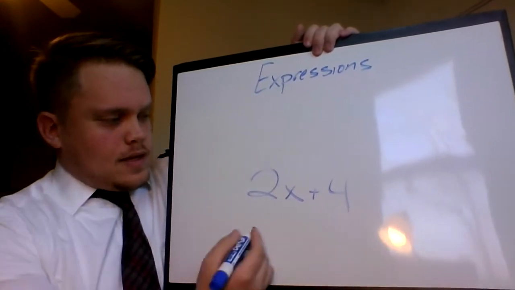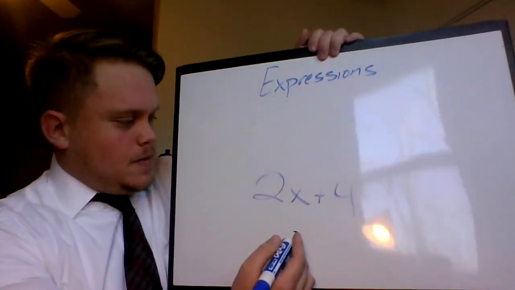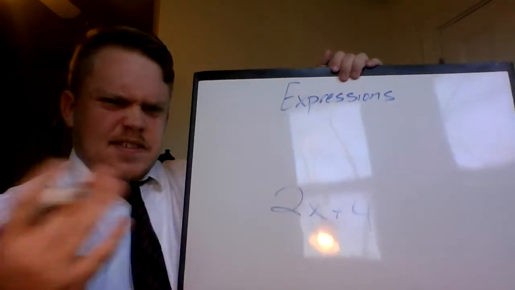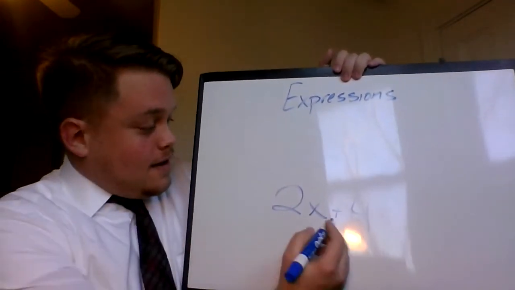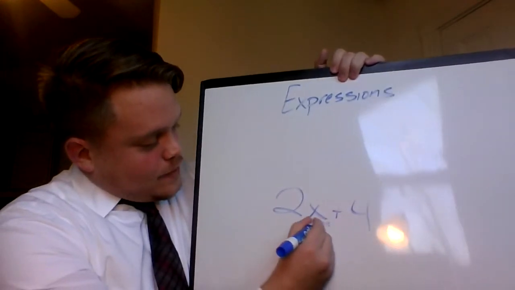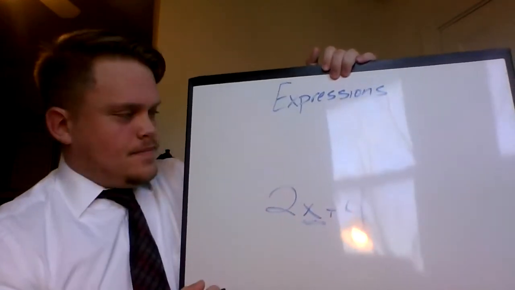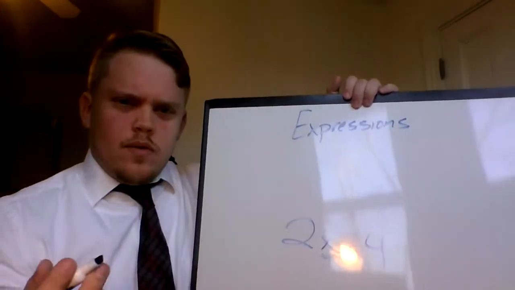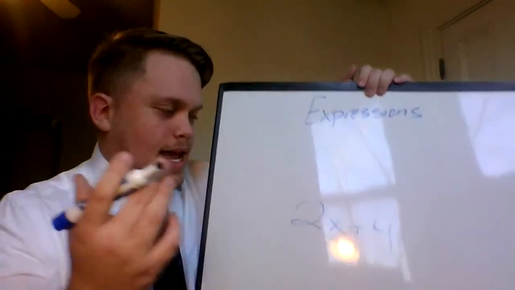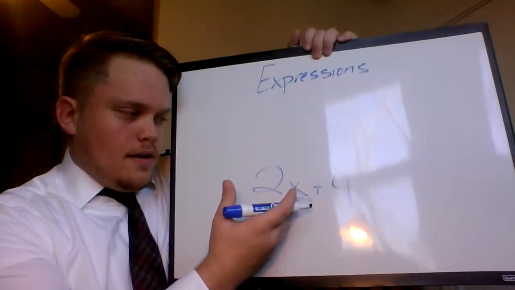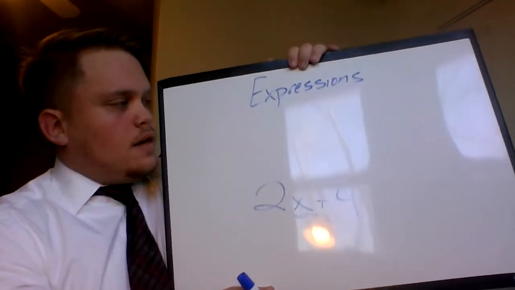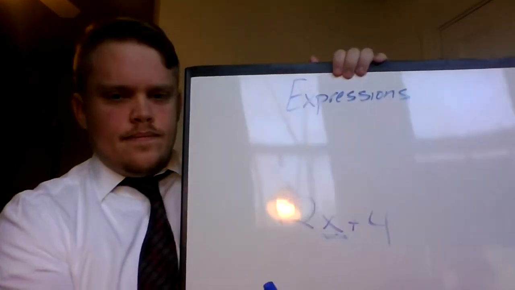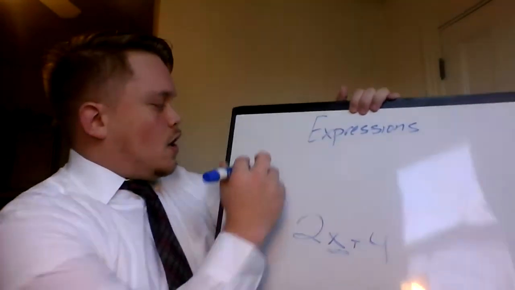Which one of these things looks like the most different to you? One of these things is not like the other, as a Sesame Street gag once said. It's this guy right here, the x. x isn't a number. Does anyone remember what an x or a letter is called when we're using it in math or maybe even science? It's called a variable.